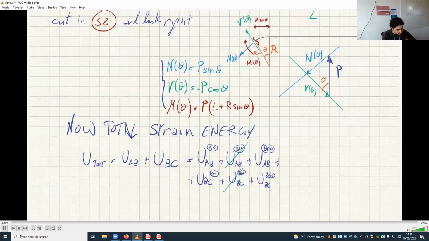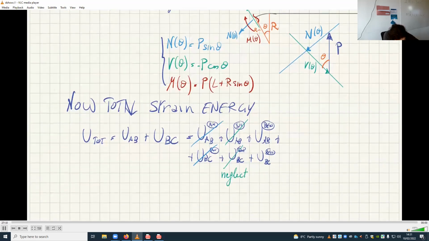So I'm neglecting also the normal force. These ones are neglected on the grounds of slenderness. These ones are neglected on the grounds of simplicity, not correctness though, okay? You should also do that. So U total is the sum of the bending energy of both segments.